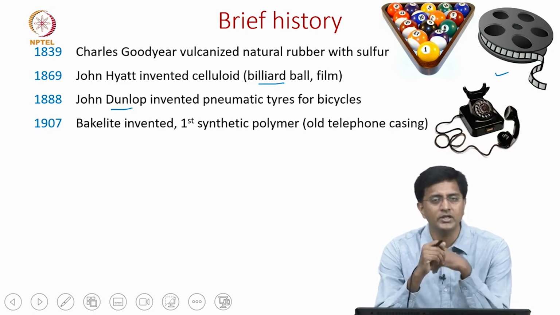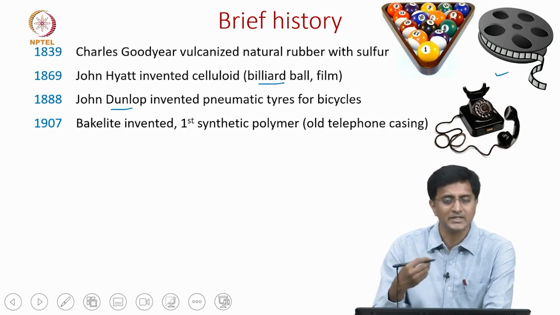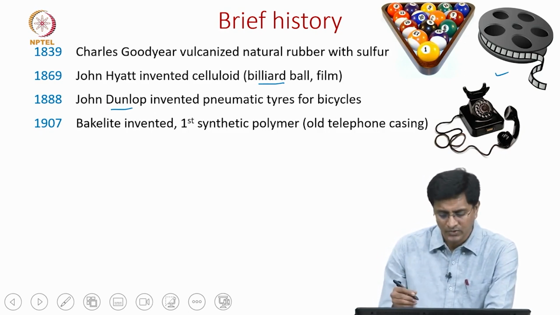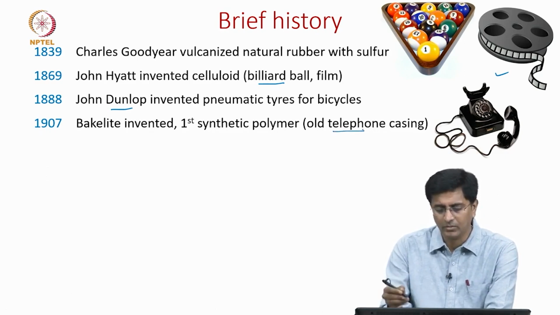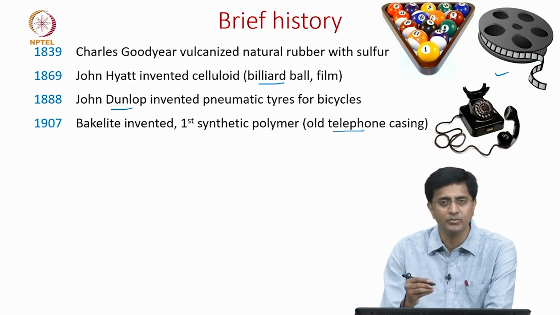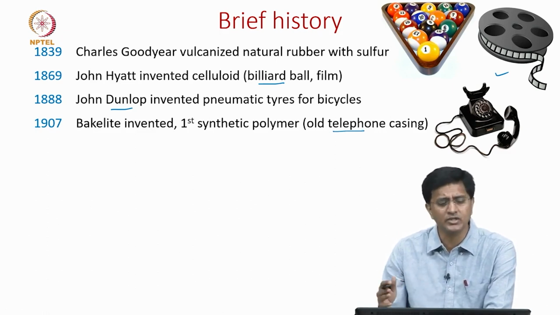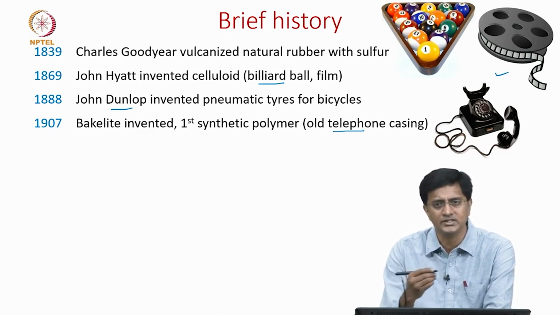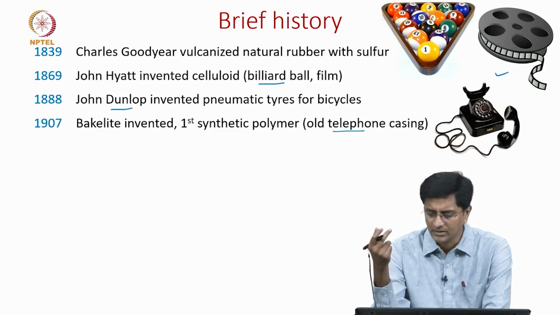So, even the raw materials are petroleum products, so that they are synthetic and not natural. So, one application is the old telephone casings, but this is also used to make these billiard balls by replacing celluloid. But there are several other applications of bakelite, such as in electrical switches, as well as many toys were made up of bakelite.